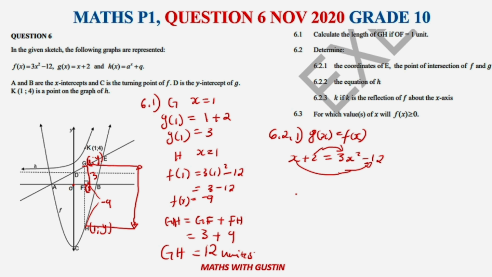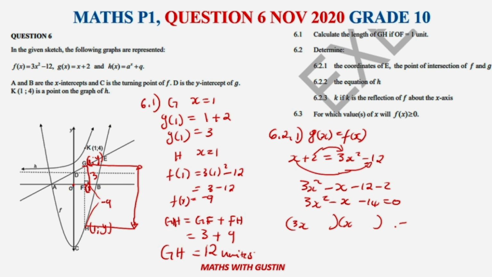So 3x squared will remain positive, and then negative x comes in from that side. You're going to have negative 12, negative 2. So you are going to have 3x squared minus x minus 14 equals 0. Oh, here we go. Familiar, hey?